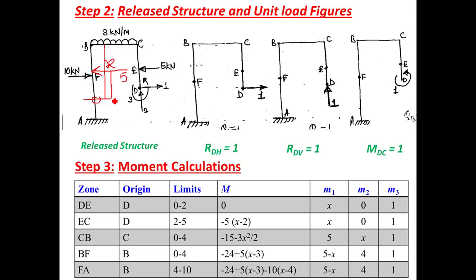This is the perpendicular distance. Now total is x, so we have to subtract this distance from that. This distance is equal to 3 meter. So what is this distance then? This distance is equal to x minus 3.